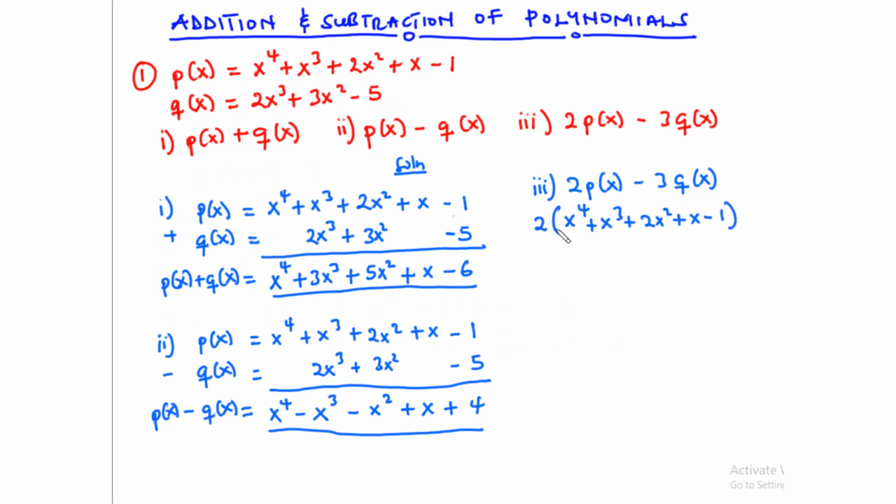Now let's multiply 2 across. Now 2 times x exponent 4 is 2x exponent 4. Then we have 2 times x cubed, which is 2x cubed. We have 2 times 2x squared, which is 4x squared. We have 2 times x, that is 2x, and then 2 times negative 1 is negative 2. So this is 2 times p of x. Now let's solve for 3 times q of x.